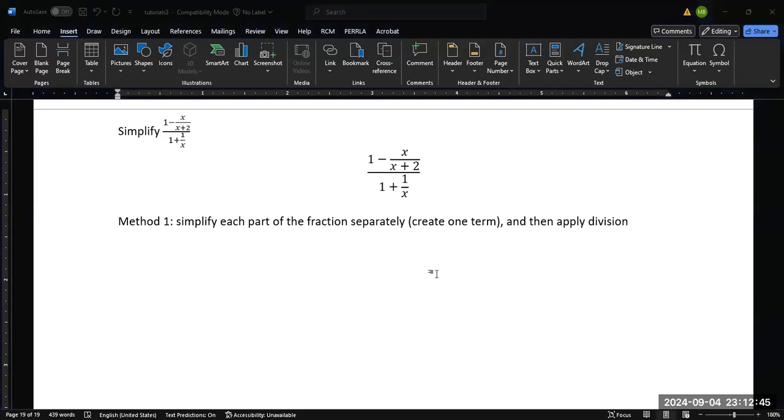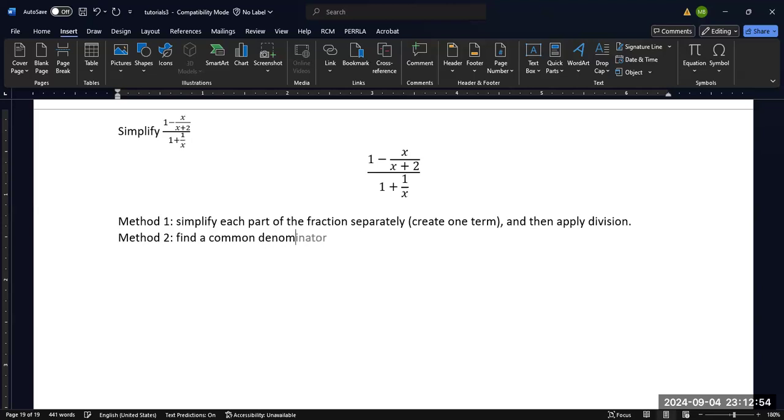Now, the second method, method two, is basically find a common denominator for all terms in the entire expression and multiply everything, again, top and bottom, so that you're multiplying by one, really.